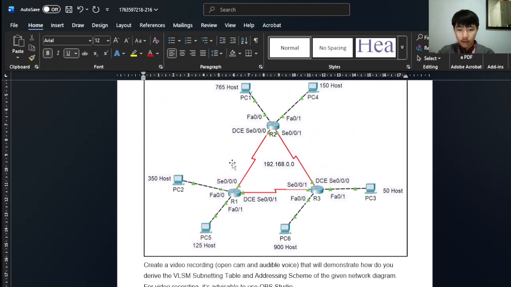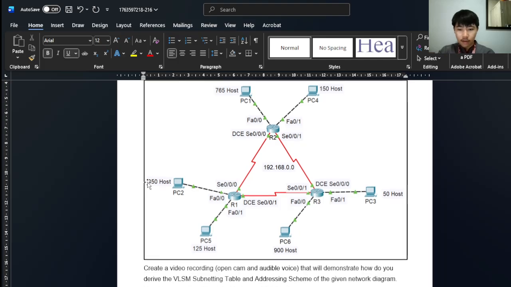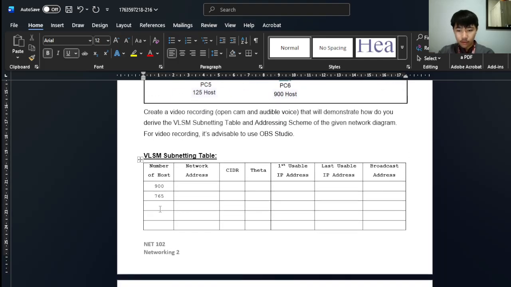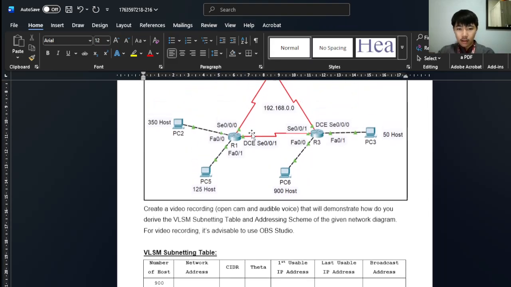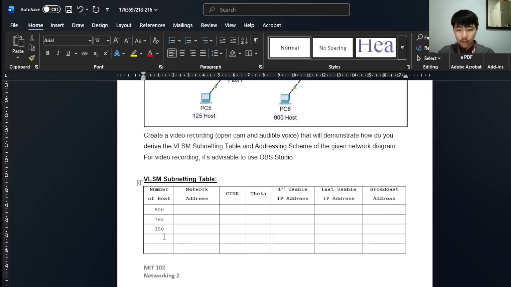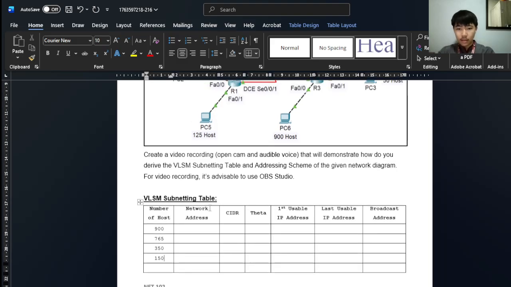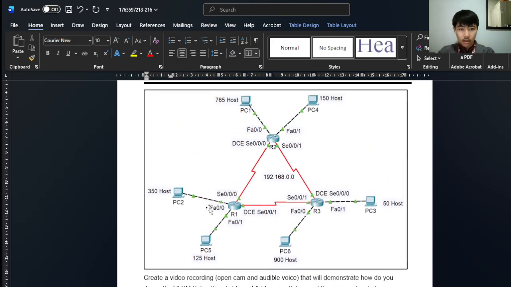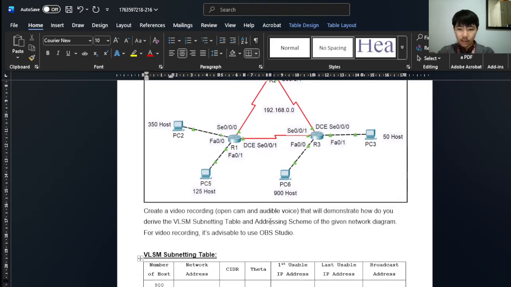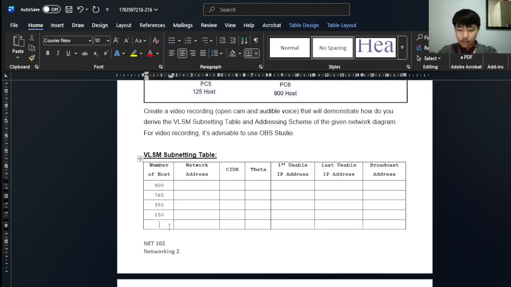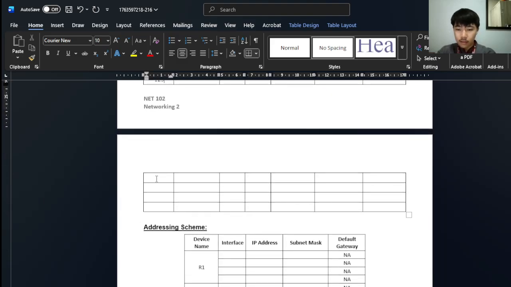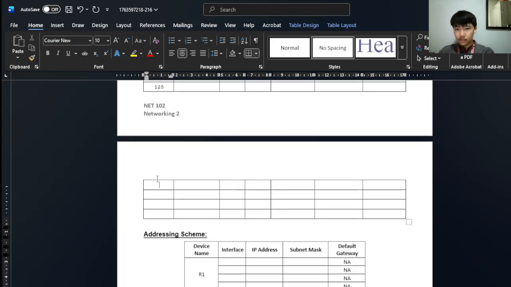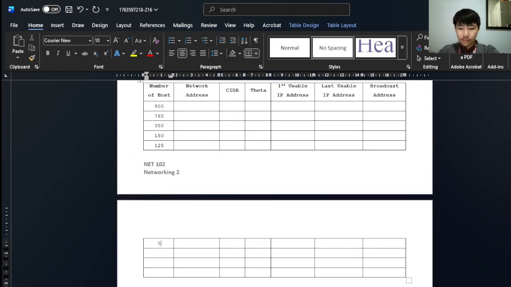The third one is 350 hosts. The next one is 150, then 125, and the last one is 50.